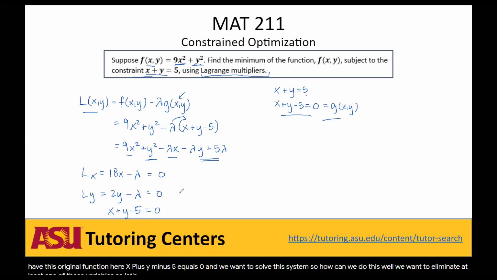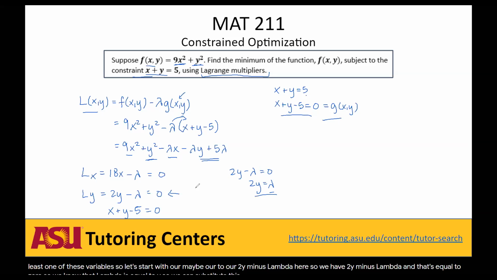So let's start with maybe our 2y minus lambda here. So we have 2y minus lambda, and that's equal to 0. So we know that lambda is equal to 2y. So we can substitute this into our first equation.